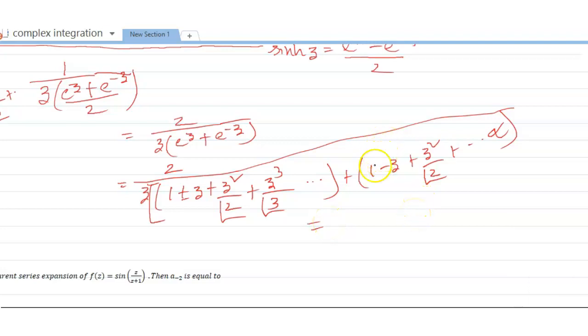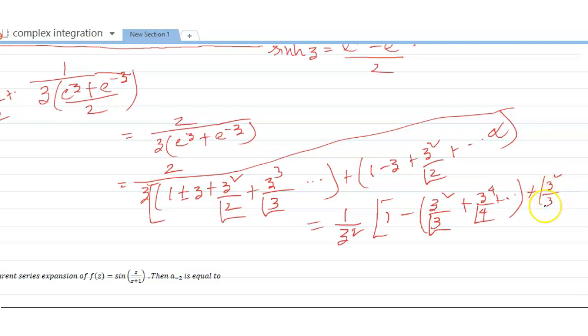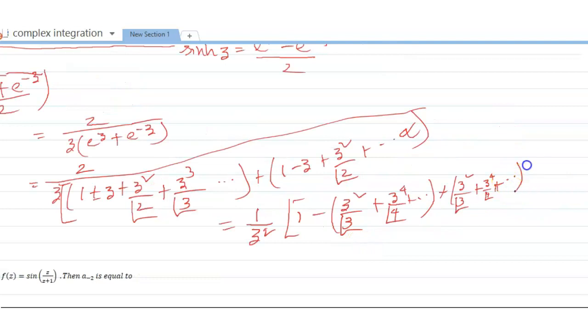If we calculate, then we can get 1 by z square, 1 minus z square by 3 factorial, z to the power 4 divided by 4 factorial, up to infinity, plus z square by 3 factorial plus z to the power 4 by 4 factorial, plus 0 up to infinity, whole square.